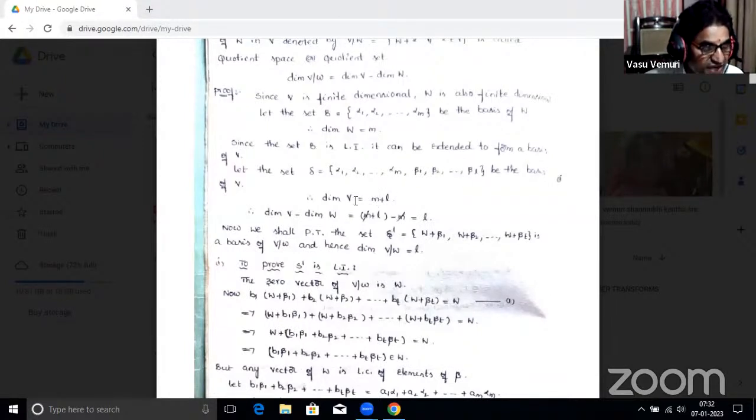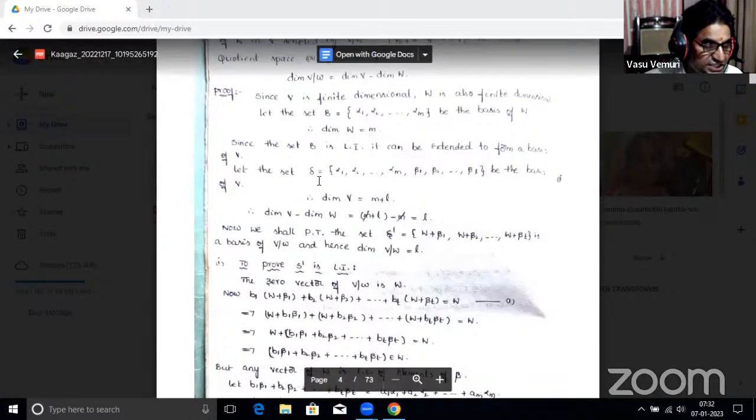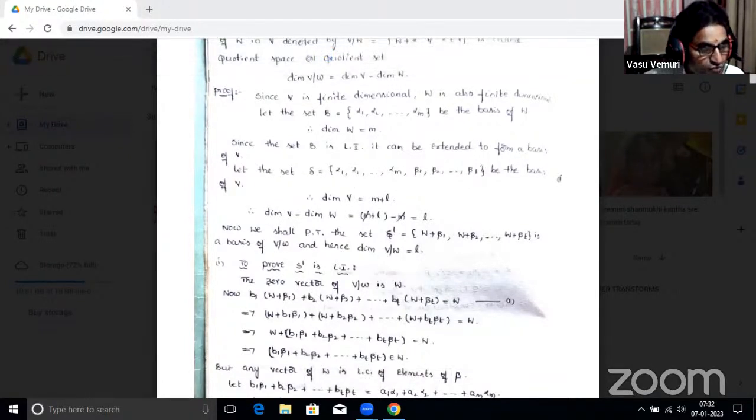The dimension of the vector space is m plus l, the number of elements in the basis set, denoted by capital S. Now dimension V minus dimension W means m plus l minus m, and we get l.